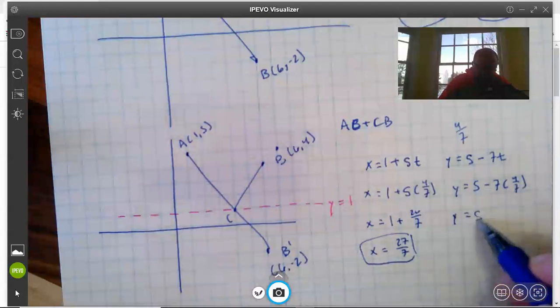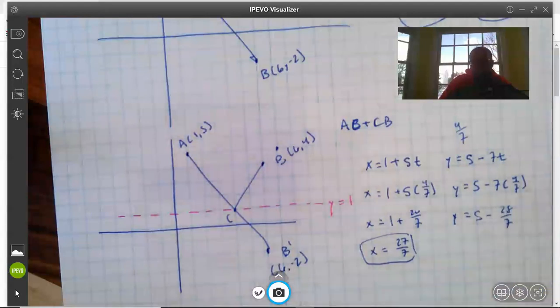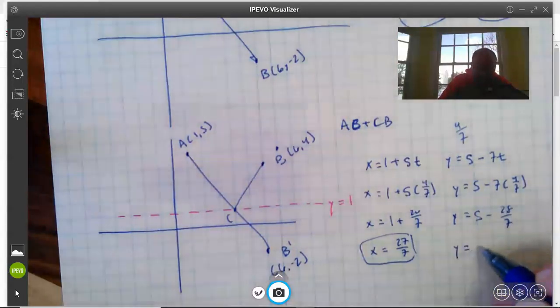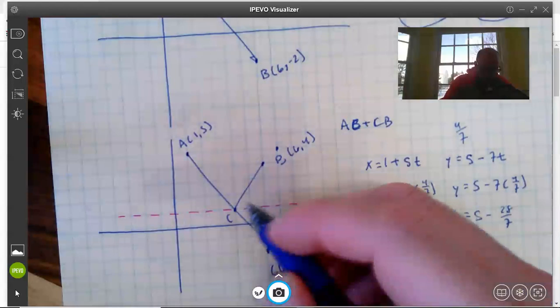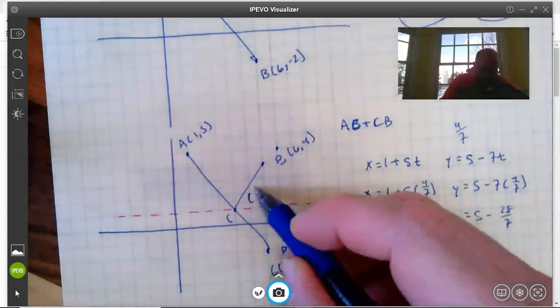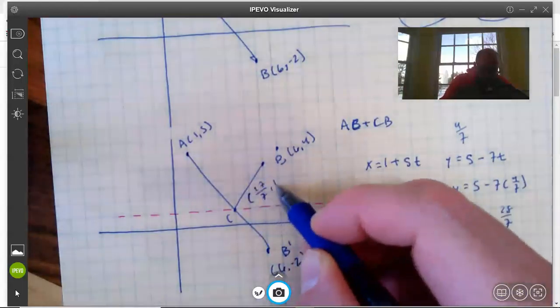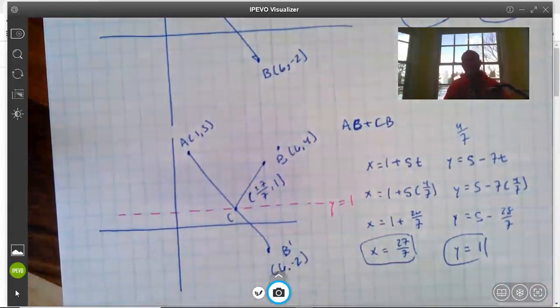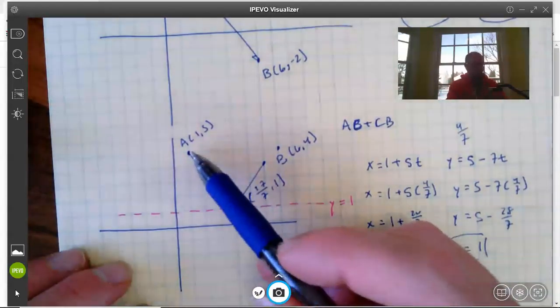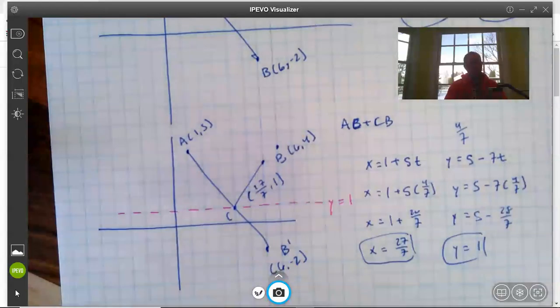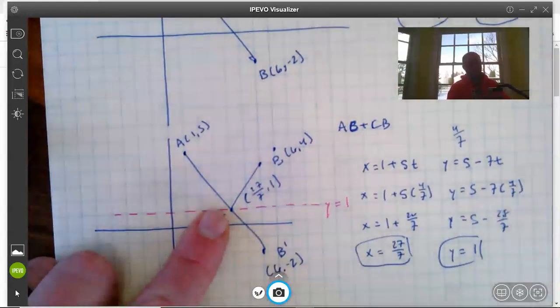Y equals 5 minus 28/7. 28/7 is exactly 4. 5 minus 4 is 1. So this is the point: 27/7, comma 1.